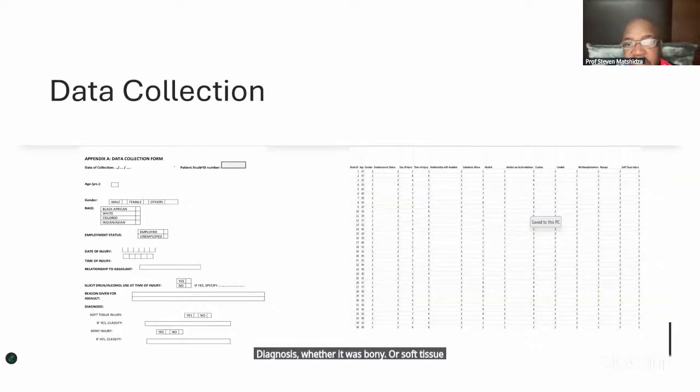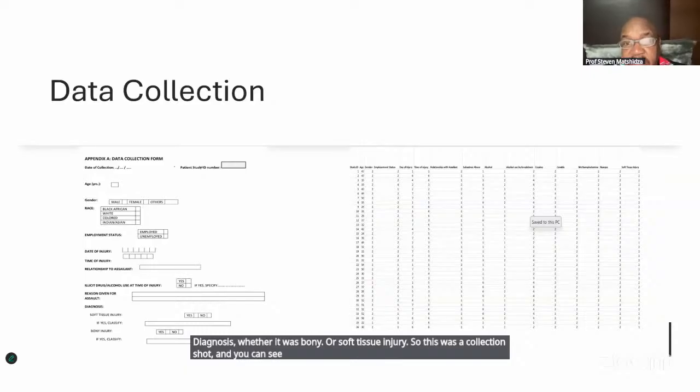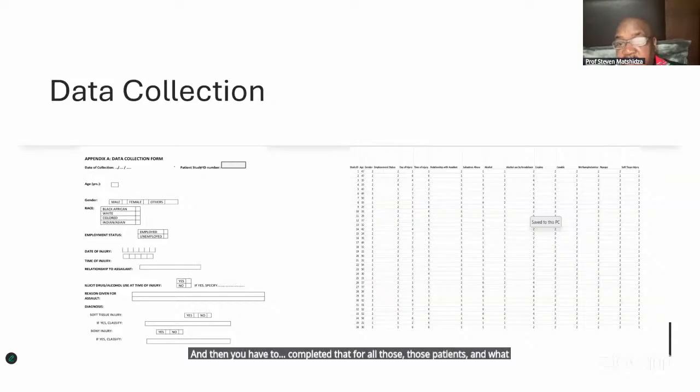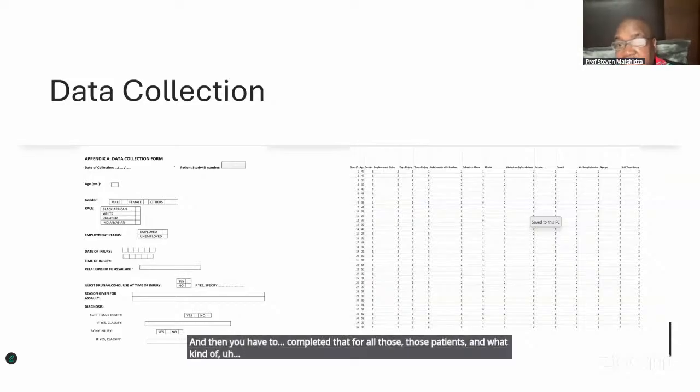So this was a collection chart, and you can see there on the right-hand side all those patients, and you have to complete that for all those patients and what kind of drugs they used.